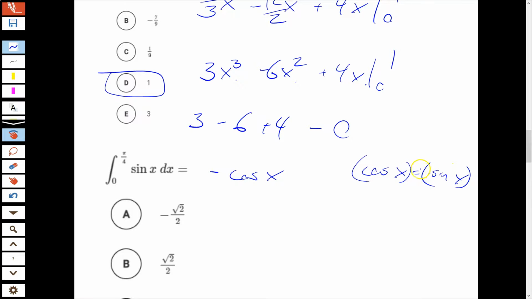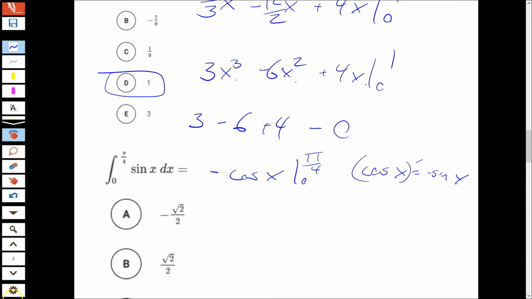Okay. So when we take the derivative of cosine, the sign flips, in other words. So our integral of sine should also have the opposite sign. So when I take the derivative of this, I would get a positive sine, right? So we're going to evaluate that from 0 to pi over 4.